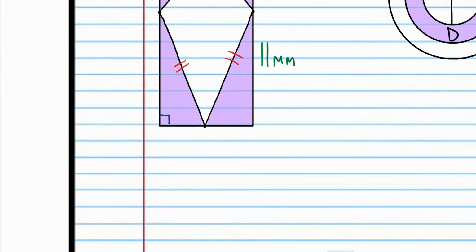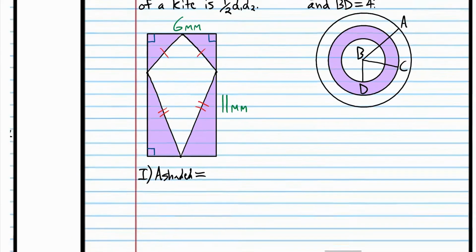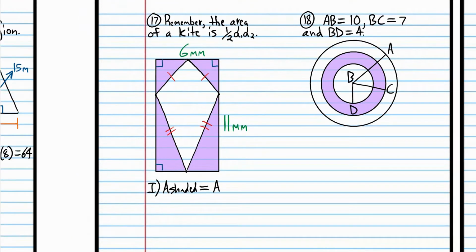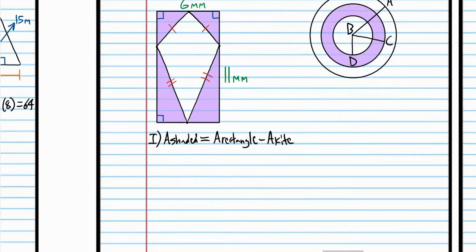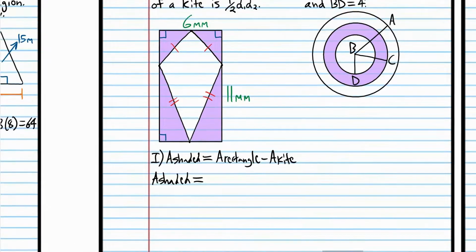All right, we're back. Step 1, the area of this shaded region is equal to the area of the rectangle minus the area of the kite. The area of the rectangle is 6 times 11. Area of the kite is 1/2 times the diagonals.